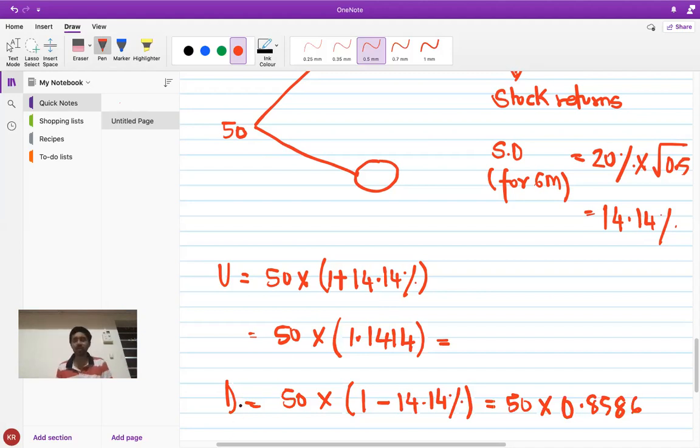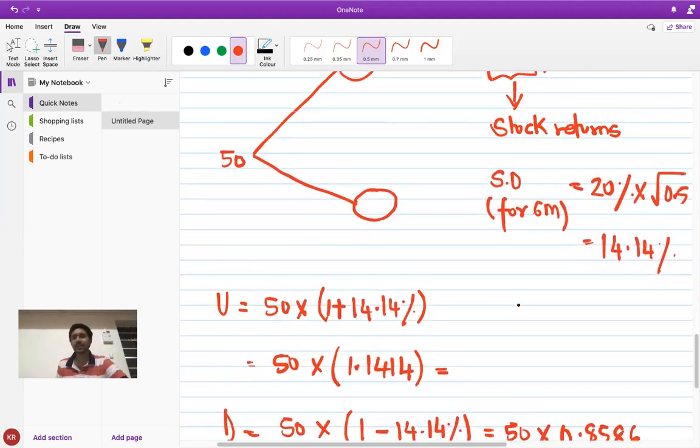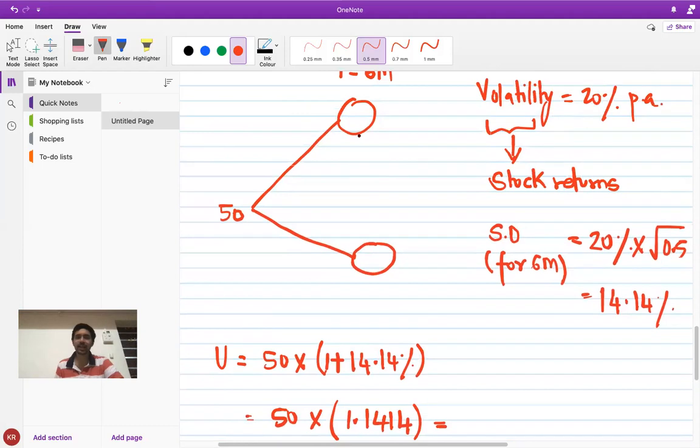On the downside, the share gives a negative return of 14.14 percentage, so the price falls to 50 into 0.8586. And there is going to be a gap here of 28 percentage.